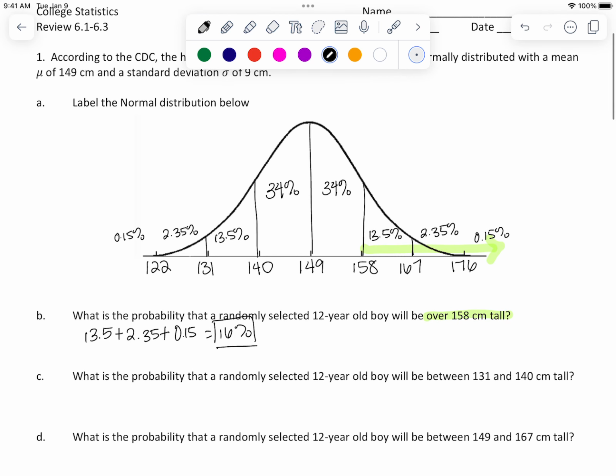For the next one, what's the probability a randomly selected 12-year-old boy will be between 131 and 140 centimeters? So between 131 and 140 centimeters, that's going to be from here to here. So that's just 13.5%.